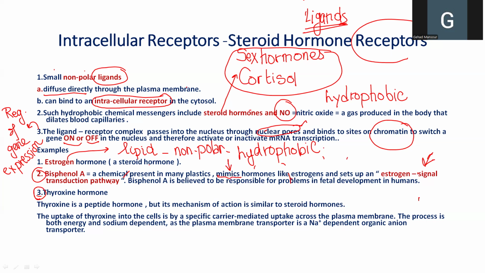And therefore, if, for example, a pregnant female is exposed to high levels of bisphenol A, this might result in problems in fetal development in human beings, like feminization, for example, of a human fetus to a certain extent. Feminization, because it acts like estrogen. How can a pregnant woman or an individual in general have bisphenol A in the blood? This is through, for example, having bottles of water that are forgotten in the cars in hot weather, exposed to sun rays, and then we cool them down again and we drink from them.